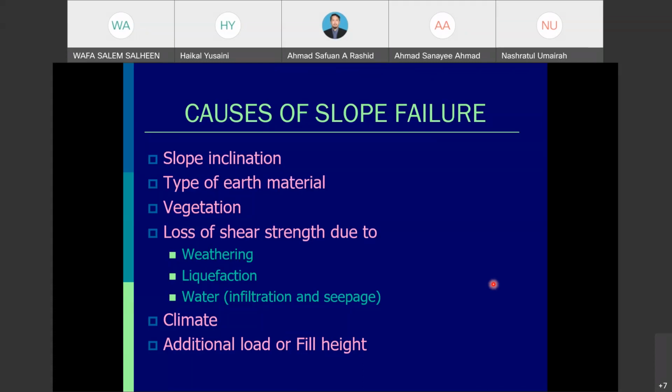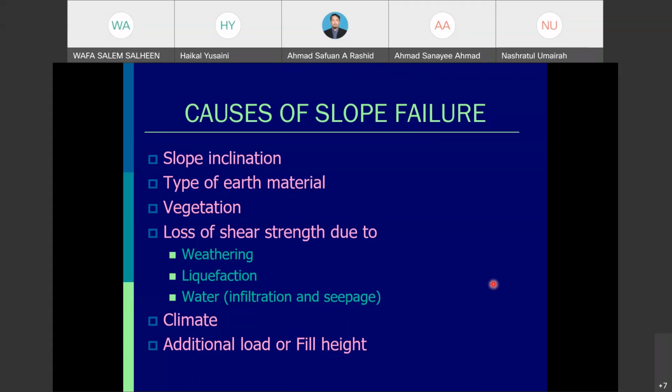This is an intrinsic parameter, where the strength of the soil could either increase or reduce the stability. If the strength is reduced, it can reduce the stability of the slope.